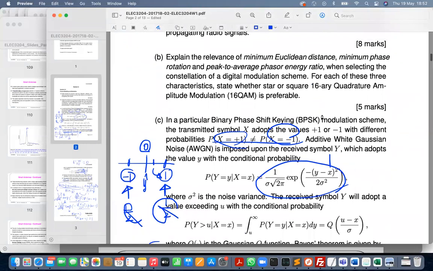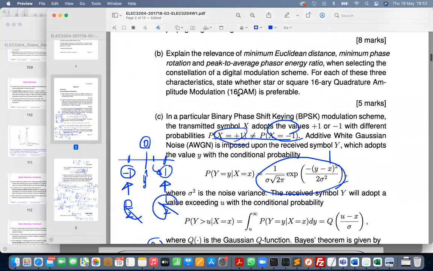In the received signal model, I have y equals x plus noise. The distribution of the noise is zero mean with variance sigma squared.